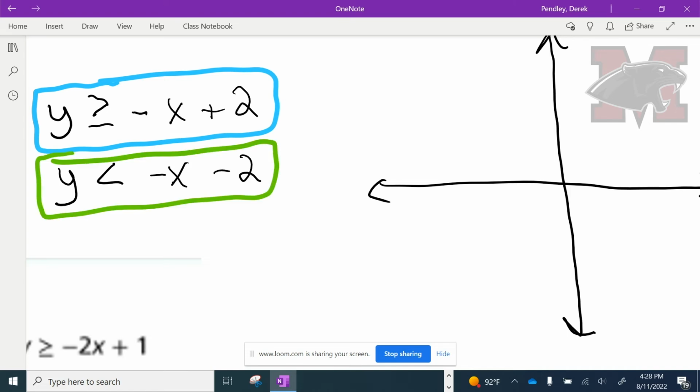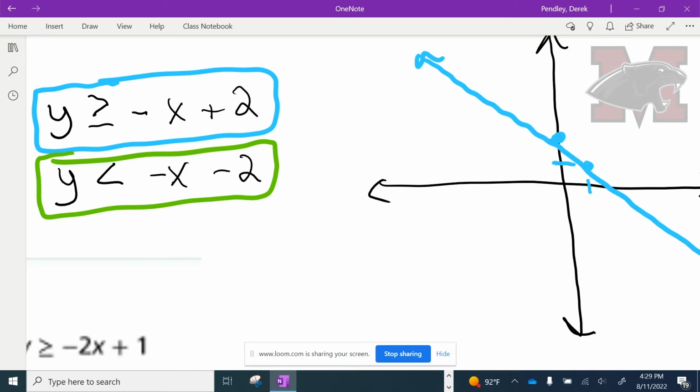And let's see what they look like in the picture. All right, so with the blue one, we need to go up 2 and then down 1 over 1. And it is greater than or equal to, so it includes the line. So we don't do a dotted line.